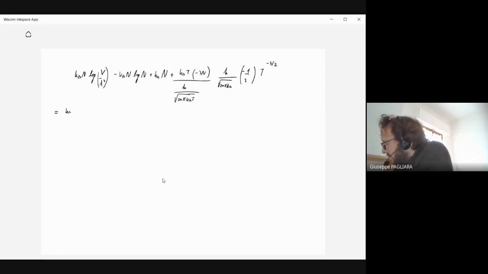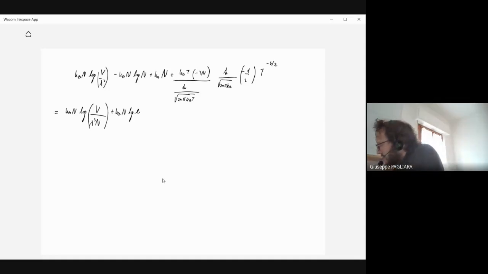kBn can be collected. I have the logarithm of V divided by n lambda cubed plus kBn log of e. It will be clear in a moment what I mean with that. h and h cancel.